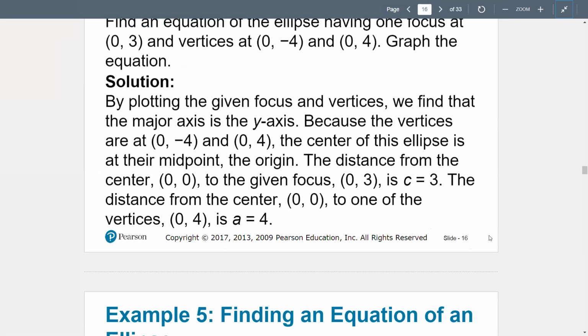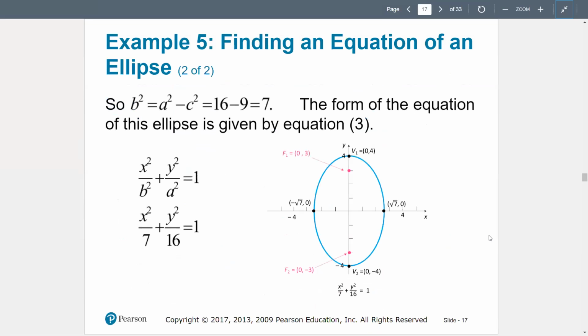That's if we follow along with the definitions. So if we have a and c, we can then get b, and we can plug everything into the function. And then you can see that they went ahead and drew it out.